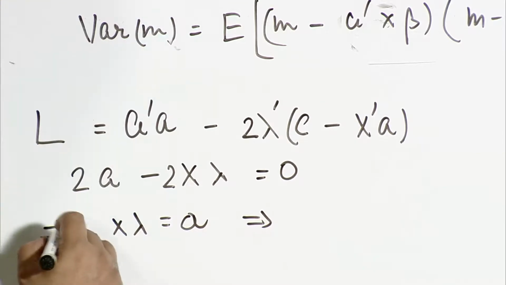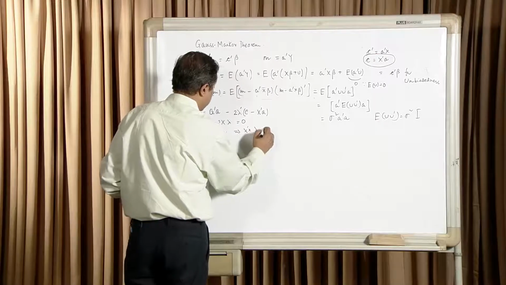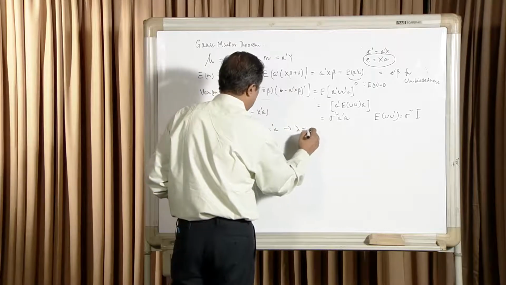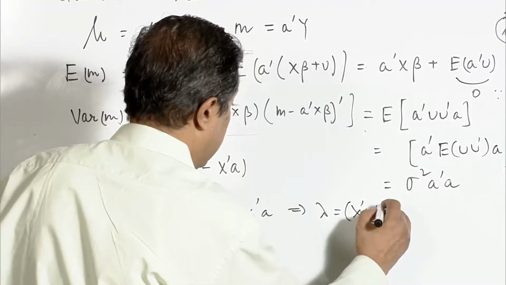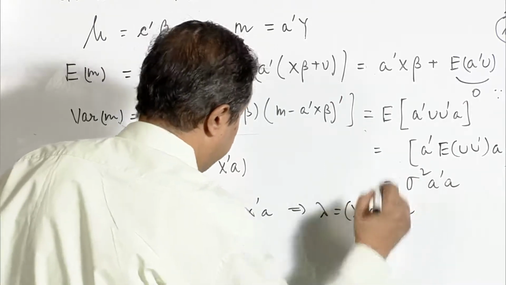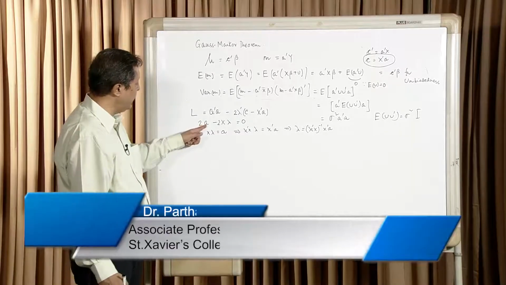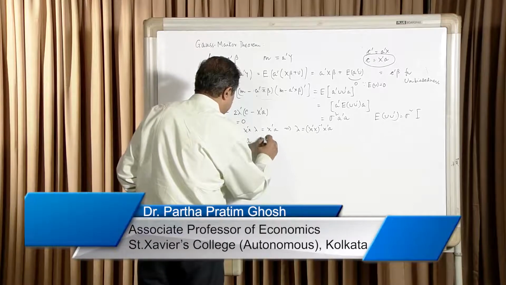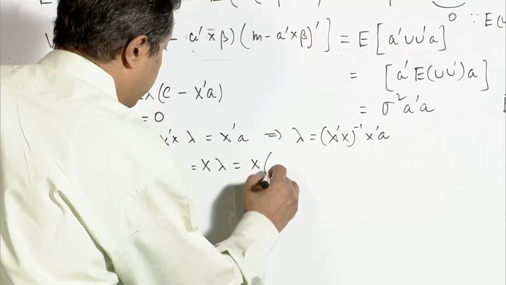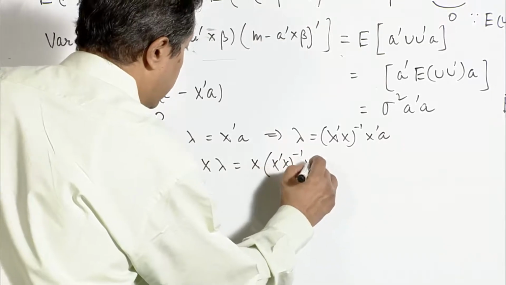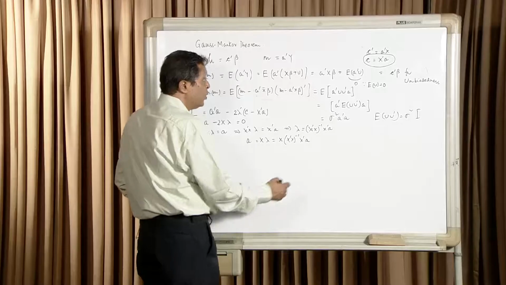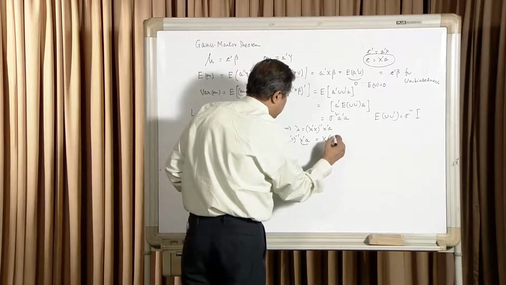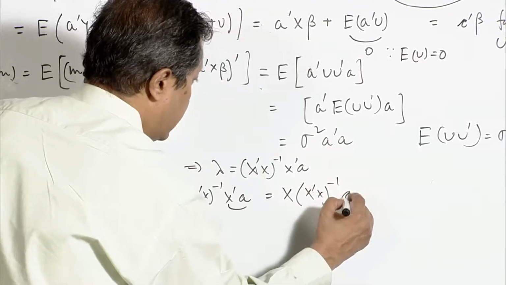This implies x prime x lambda is equal to x prime a, which means lambda is equal to x prime x inverse x prime a. But from the first order condition we know that a is equal to x lambda. So, a will be equal to x times x prime x inverse x prime a, and we also know that x prime a is equal to c. So, that is equal to x into x prime x inverse c.